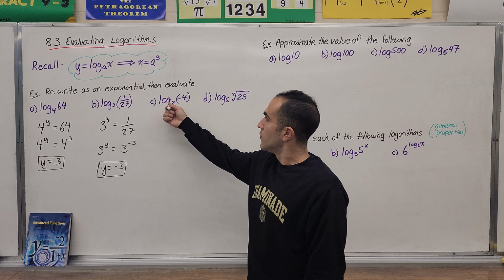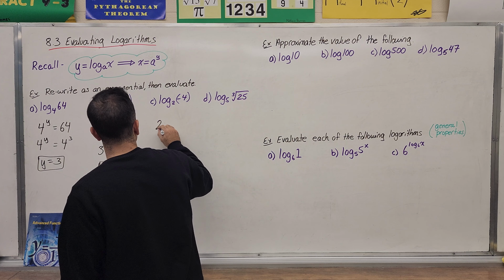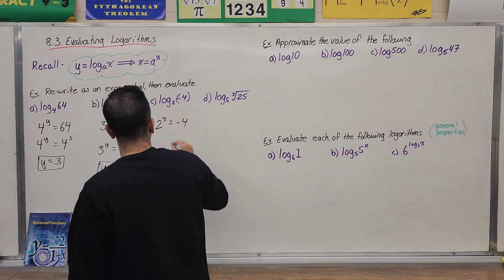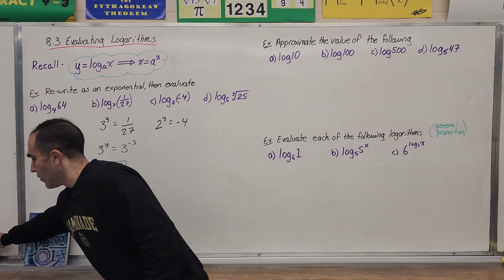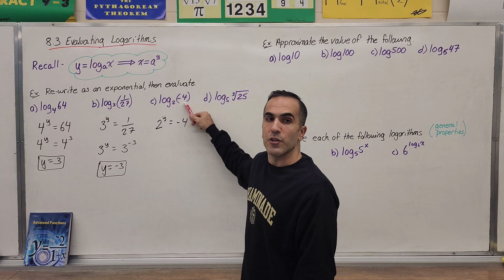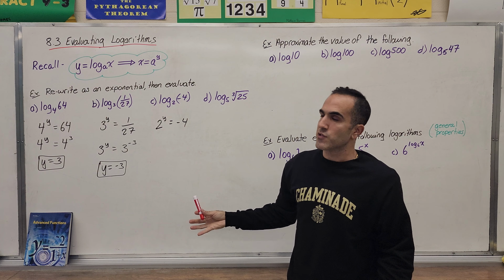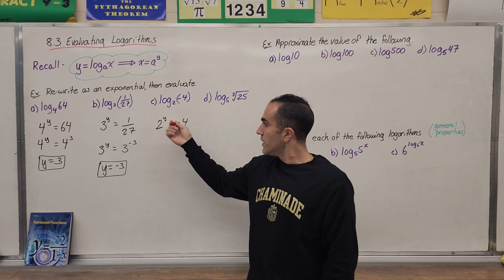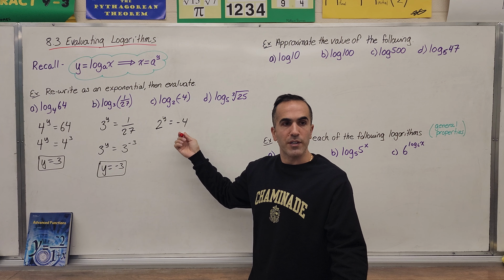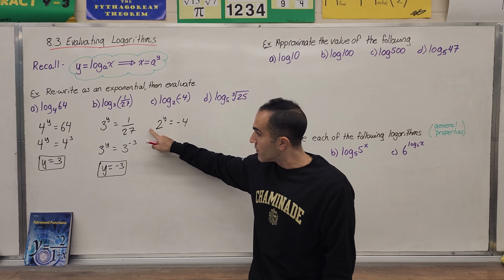Next one, 2 to the something equals negative 4. When this value is negative, you can't solve this. There's nothing I can raise 2 to the power of to get a negative number. Every power is positive, unless there was a negative in front of there.